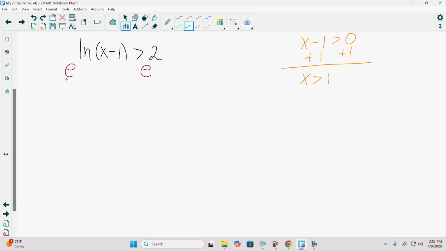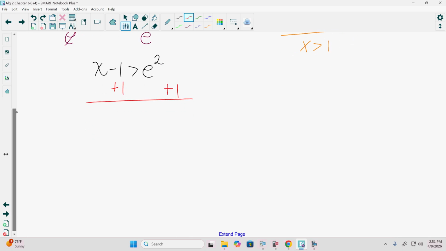And we do this because e to the ln will simplify, leaving us with x minus 1 is greater than e squared, yes? Is x by itself? No, it's out of the exponent, but it's not by itself. So the last thing we need to do is add 1 to both sides.